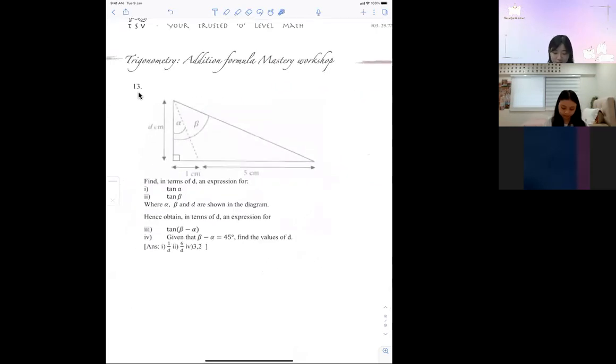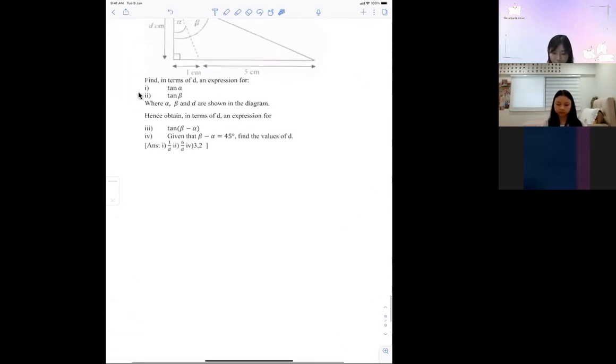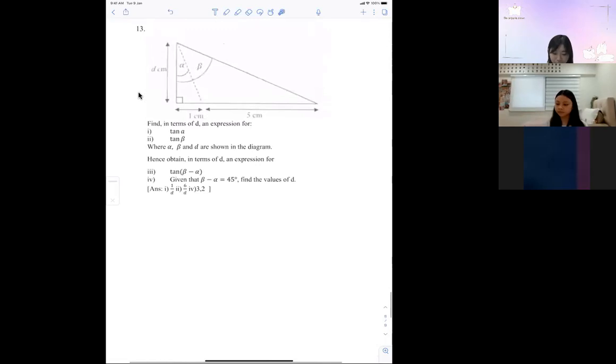Okay, this one is very easy. Can you help me find tangent alpha and tangent beta? Use the triangle, okay? Alpha?